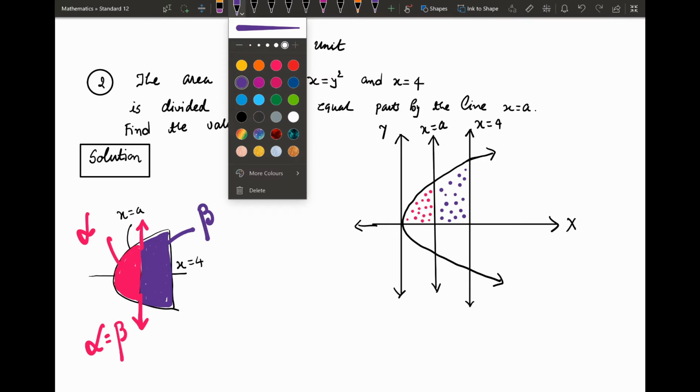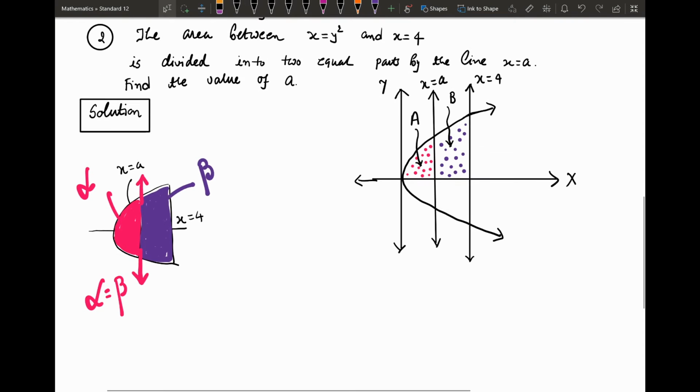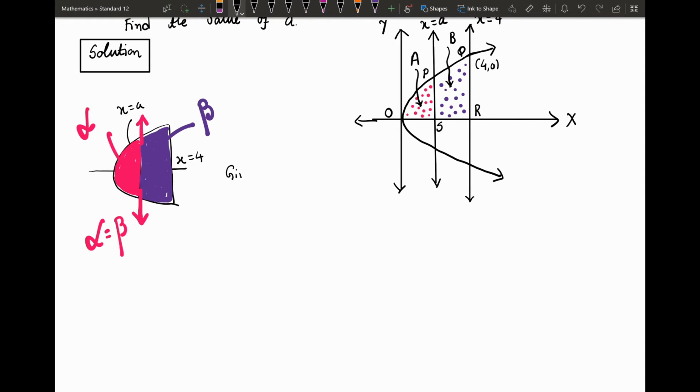Now we have to mention basic things. The given curve is symmetric about the x axis, so this portion is A, this portion is B, and we will only compare A and B. Here 4, 0, O, say P, Q, R, S. So the given curve is symmetric about the x axis.